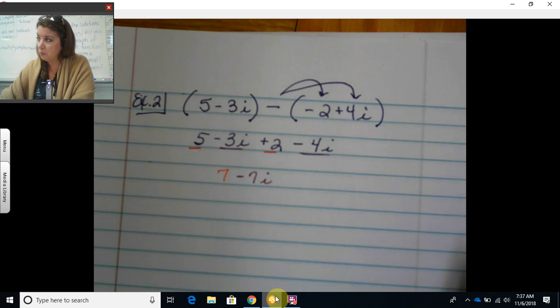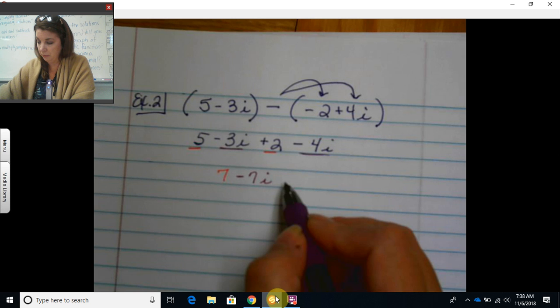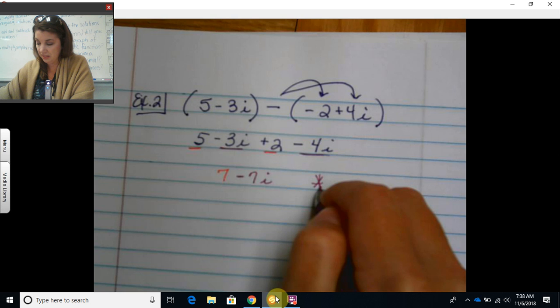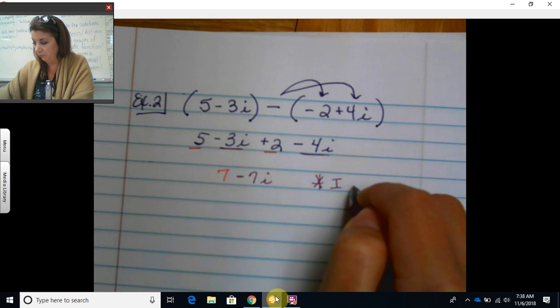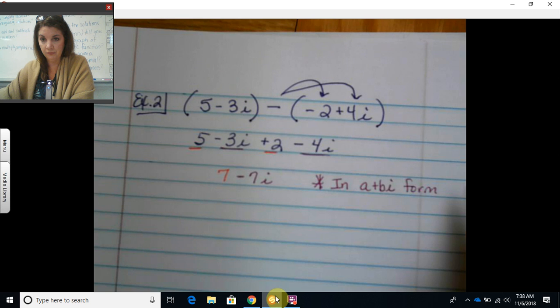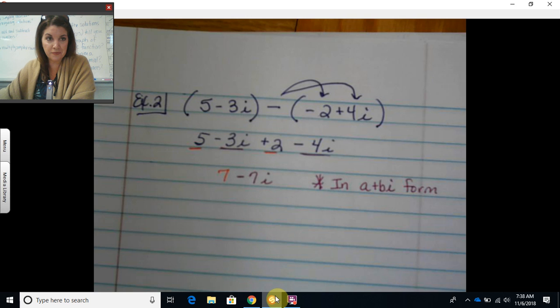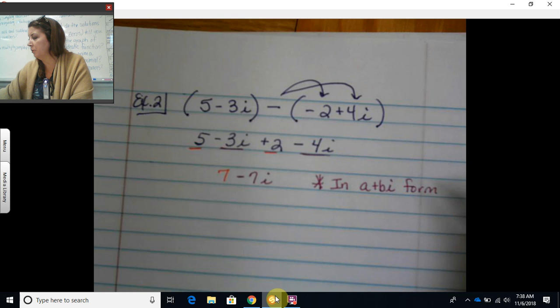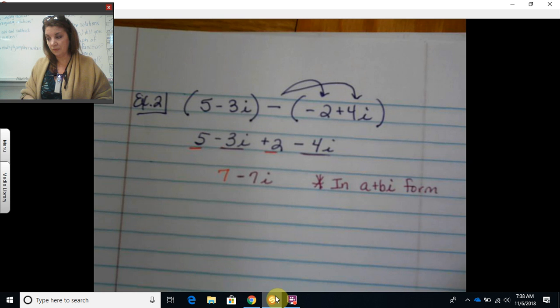And you always put the real part first and the imaginary part second. We would say this is in a plus bi form. And that's how you write it. When you have a complex number, a plus bi form means real part and then imaginary part. Pretty tough stuff so far. Not really. We have a question?